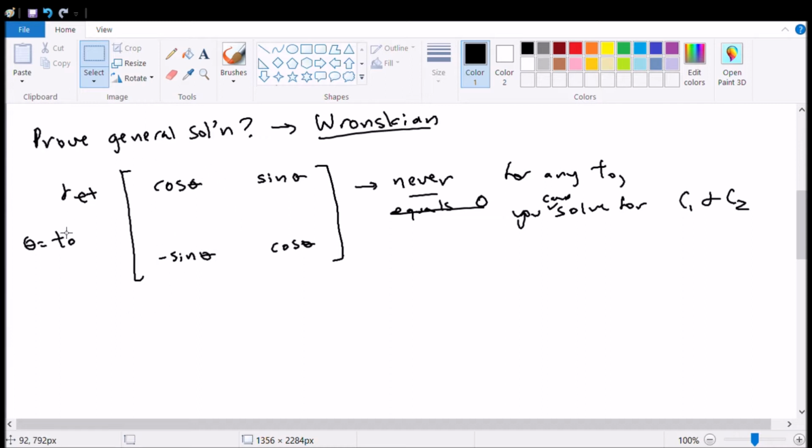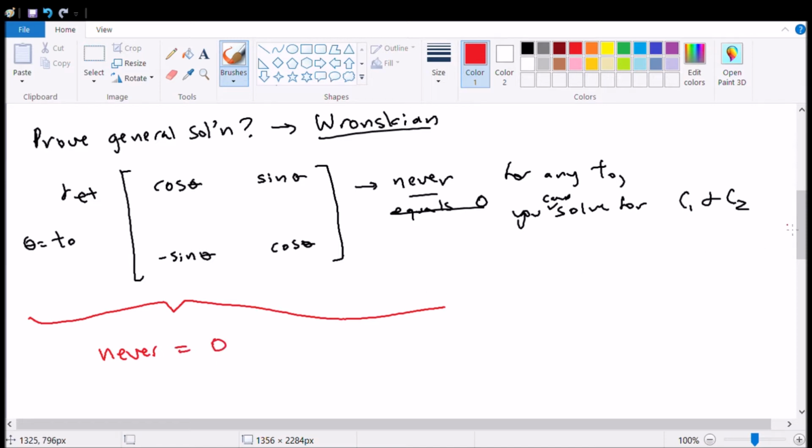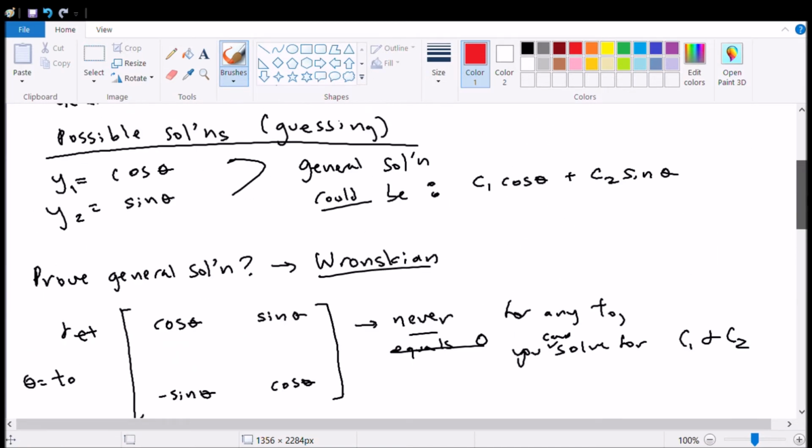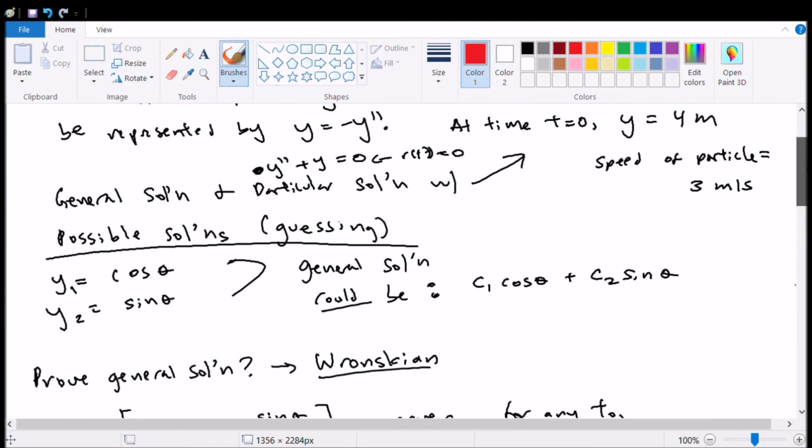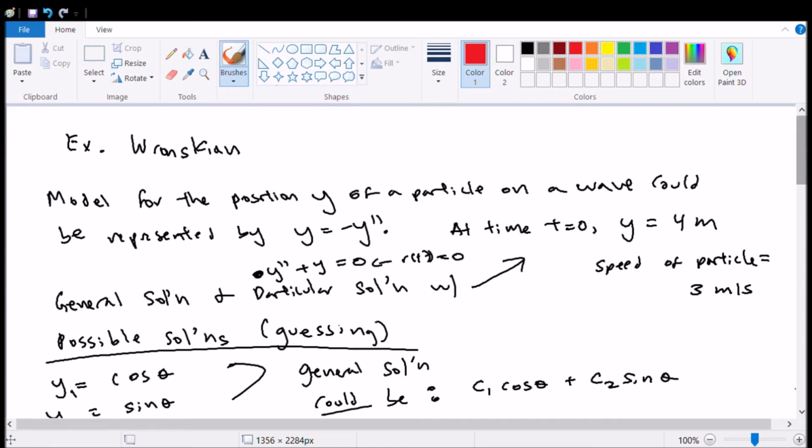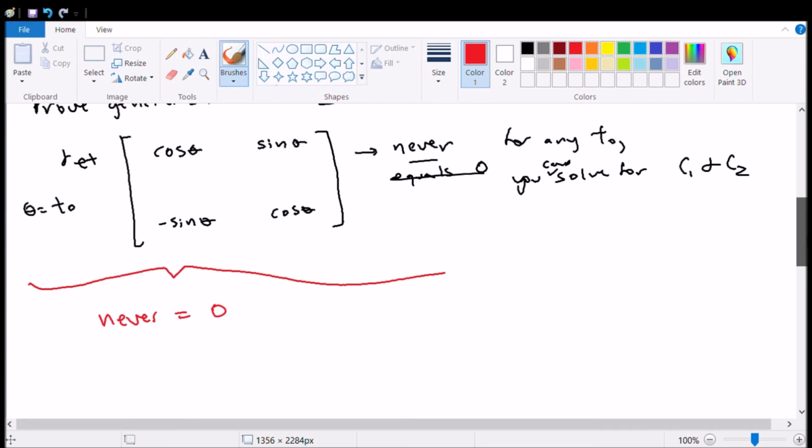So you're trying to prove that this entire thing is never equal to 0. Not just that it doesn't equal 0 for the specific initial condition given by the problem, but that it never equals 0 for any initial condition.